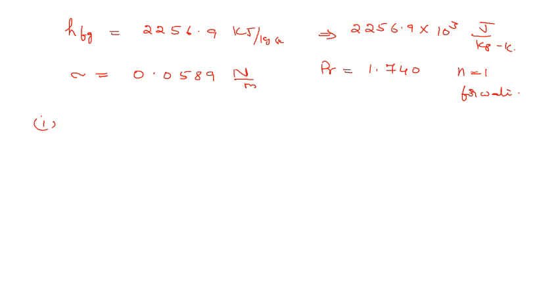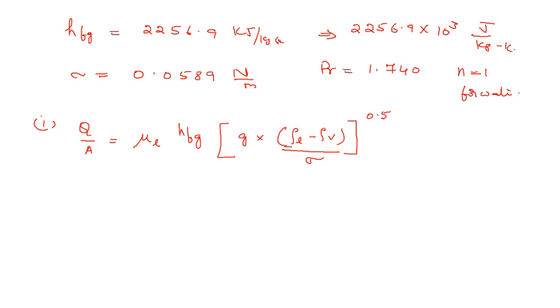Since we are supposed to find out the heat flux, using the formula Q by A is equal to mu L HFG into the square root of g into rho L minus rho V divided by surface tension, to the power 0.5, and here the specific heat Cl into delta T divided by CSF into HFG into Prandtl to the power n, whole to the power 3.